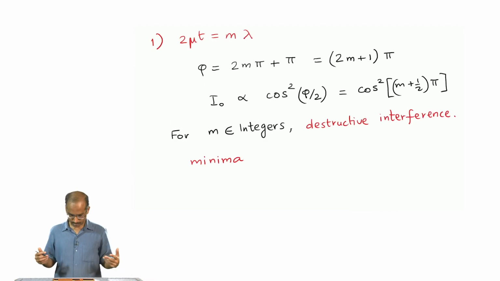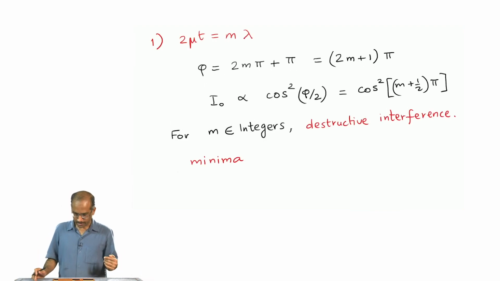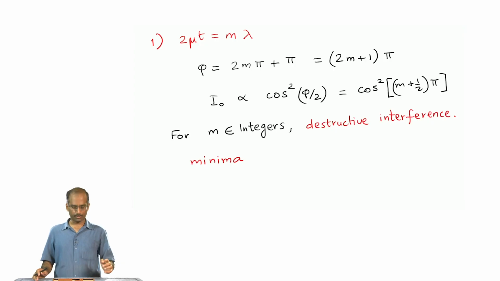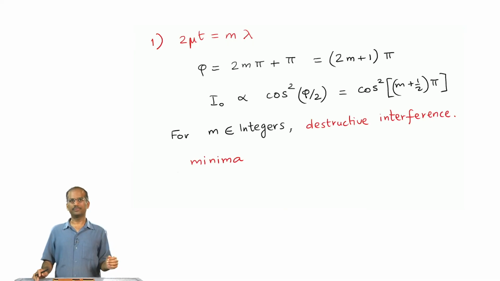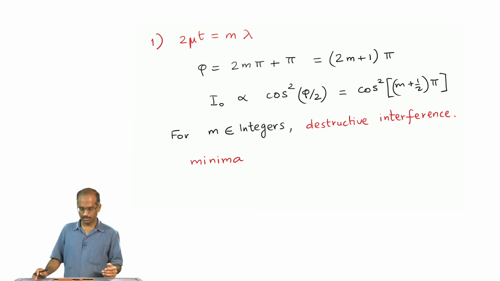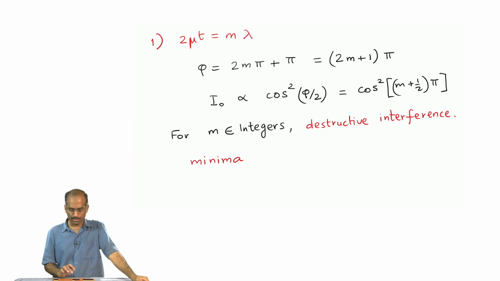I will cut the story short. The first case is when 2 mu T, the path difference, is equal to some integer m times lambda. In that case, like we did before, you compute the total phase.